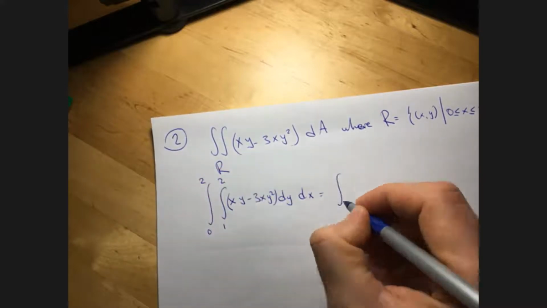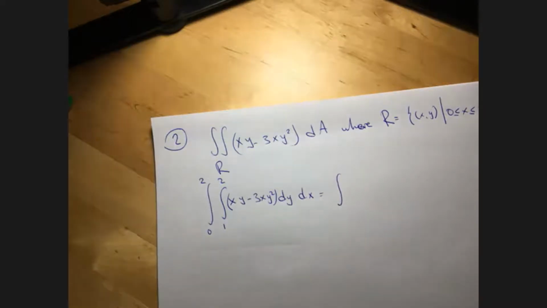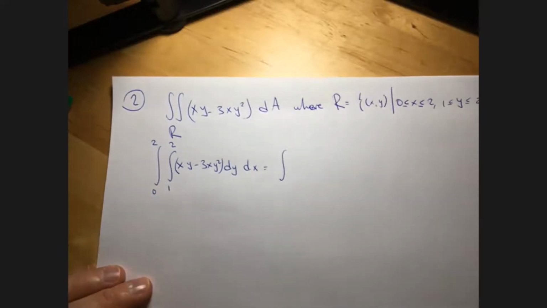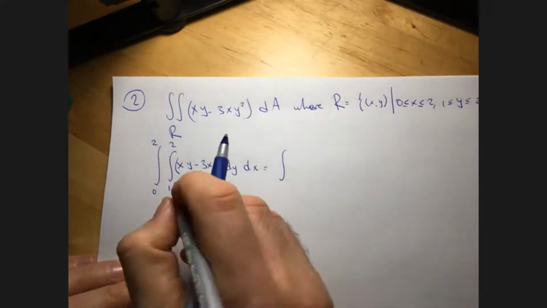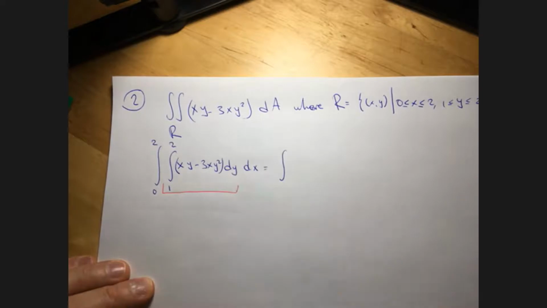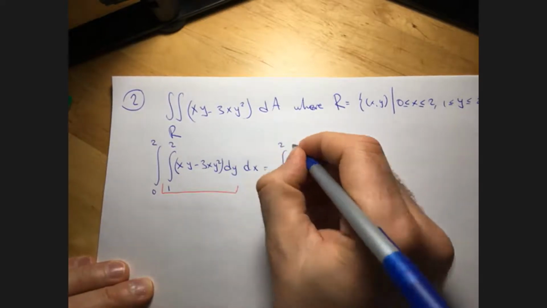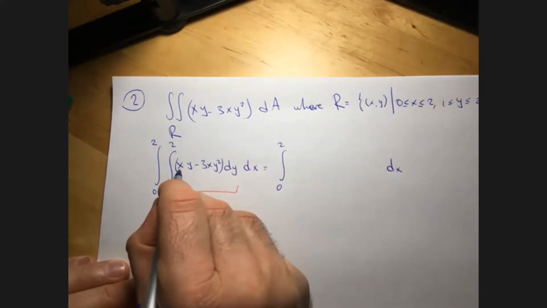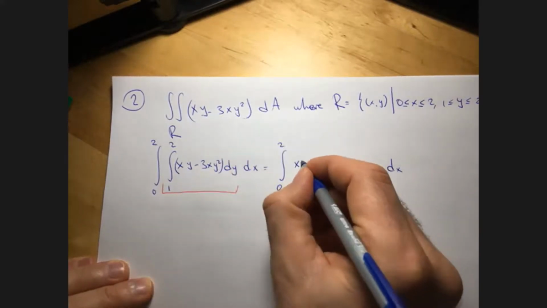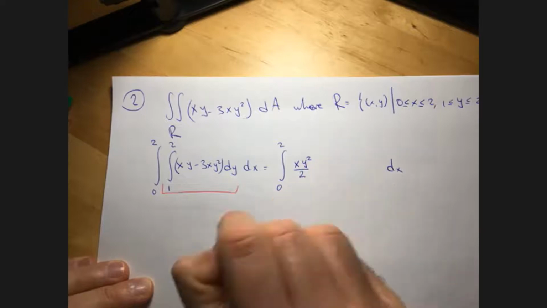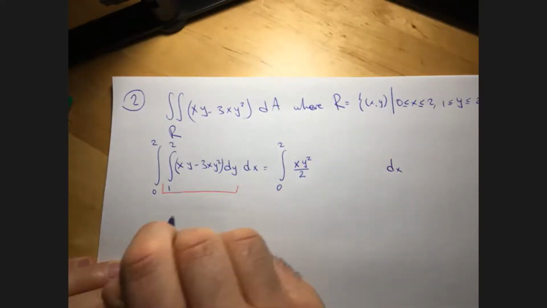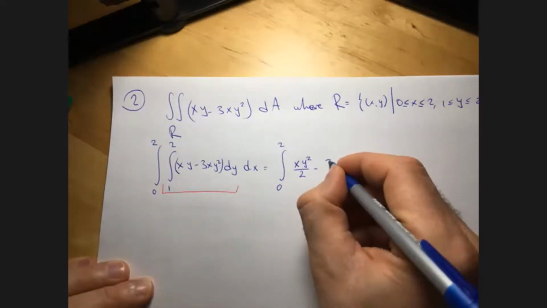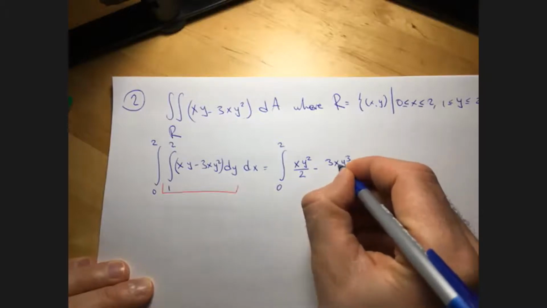This is equal to, so first I evaluate this integral with respect to y, from 0 to 2 dx. I treat each x as a constant. Xy squared over 2 minus 3xy cubed over 3.